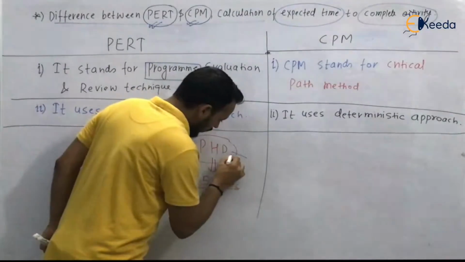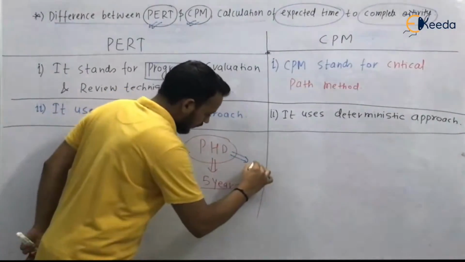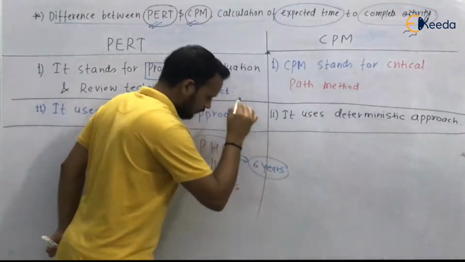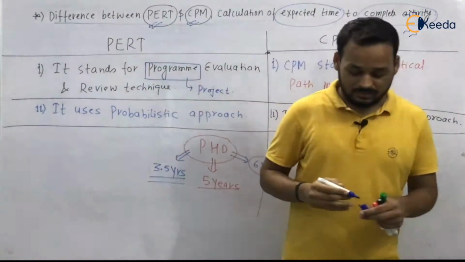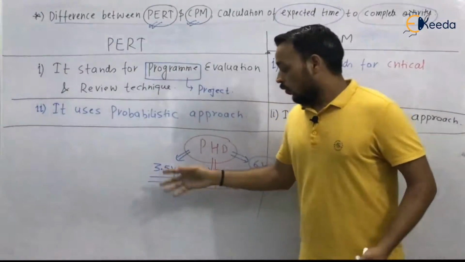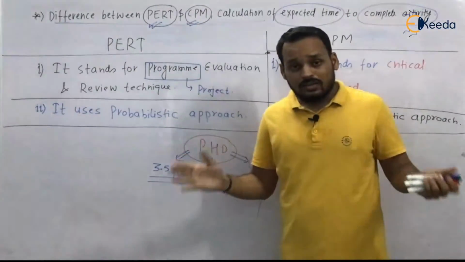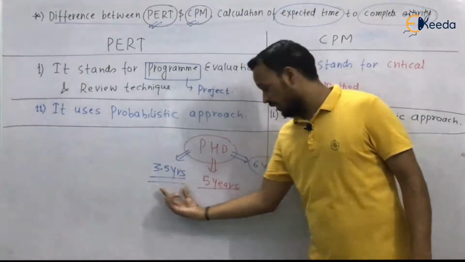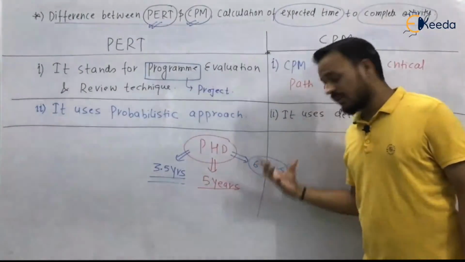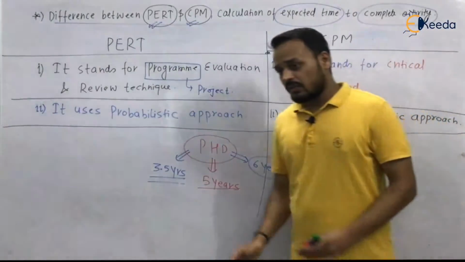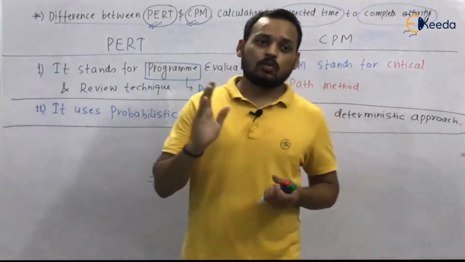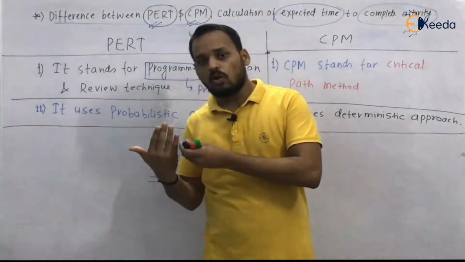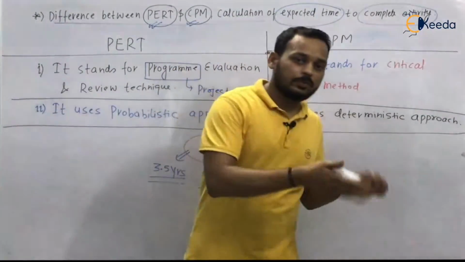And if you look at some of the students there, they are completing it in 6 years. So what is the exact duration? You cannot tell the exact duration. It may be 3.5 years, it may be 5 years, or it may be 6 years. It means you are not sure that you are going to complete it in 5 years. You may complete it before or you may complete it after.